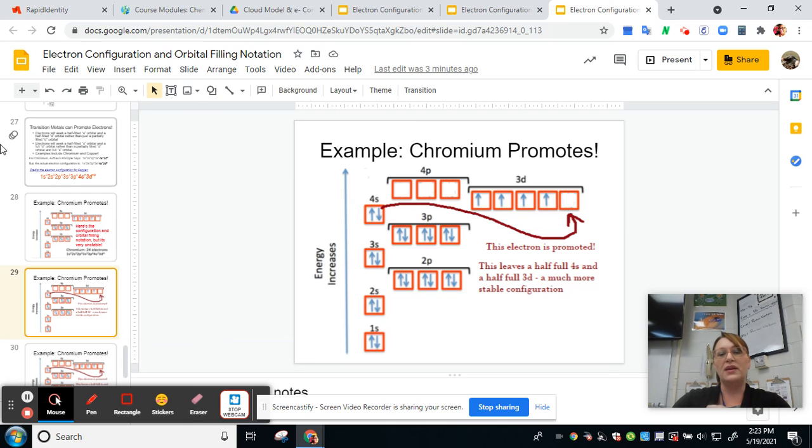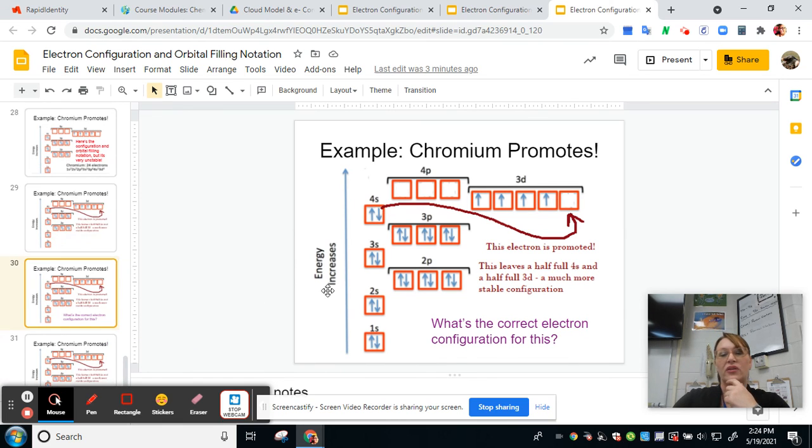So what the chromium does is it's able to promote an electron out of the 4s lower energy level into the 3d level, which is a little bit higher. Now there's a half full 4s sublevel, and the 3d sublevel will also be half full. So that makes it a much more stable configuration.